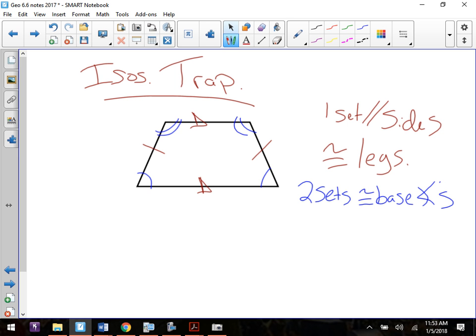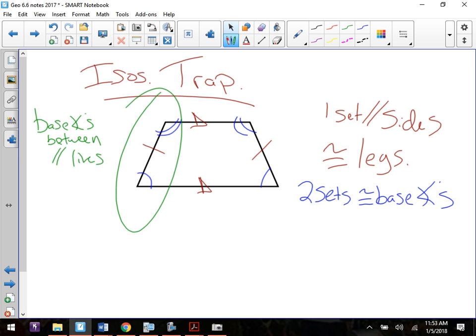And obviously, if you think about it, these are two parallel lines cut by a transversal. One of each set will always be supplementary. The base angles that are next to each other, the base angles that are between the two parallel lines, are always supplementary.